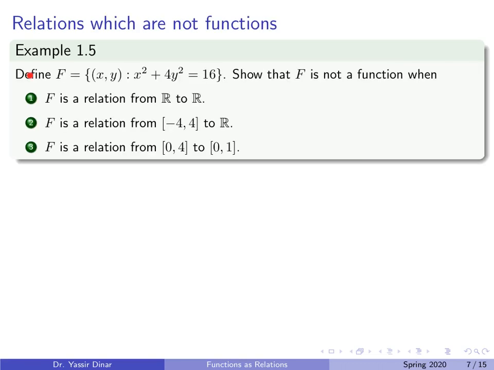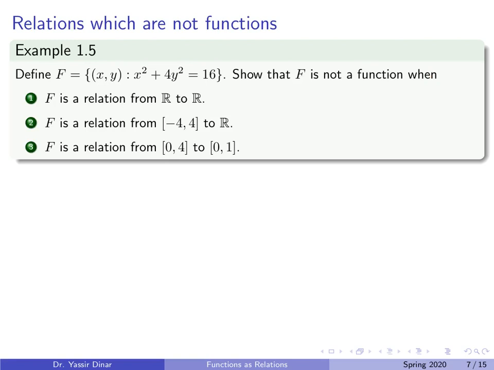As an example, we take this relation f, which is given by all pairs (x, y) such that the first coordinate squared plus 4 times the second coordinate squared is equal to 16, that is, x squared plus 4y squared equals 16. In this example, we want to show that f is not a function when we change the domain and the codomain.